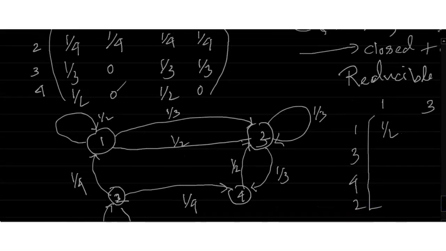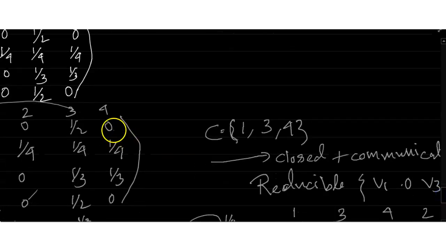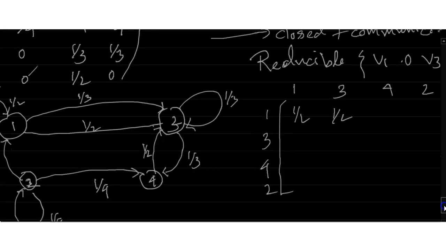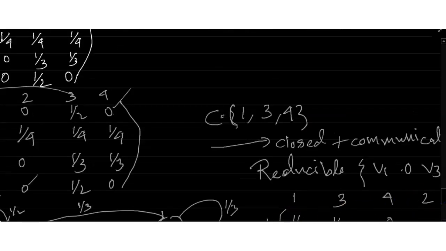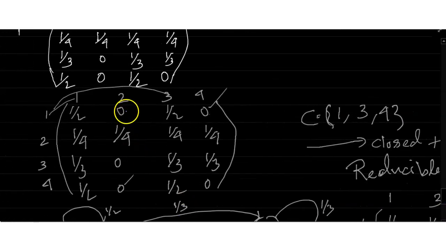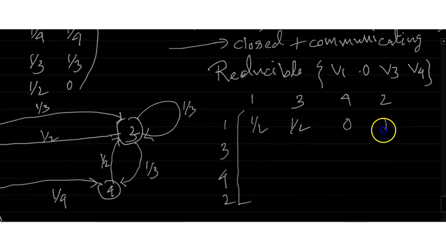So I put in here 1 3 equals 1 by 2. And now look, 1 4 is equal to 0. And 1 2 is equal to 0. So I am putting in here 0.